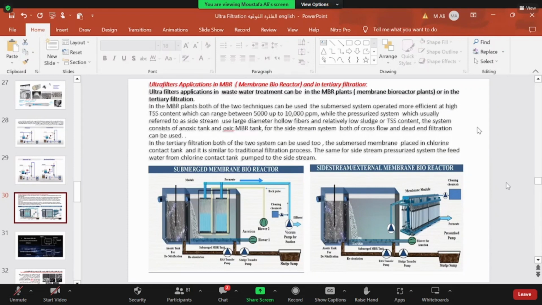The first one is the MBR plants, membrane bioreactor wastewater treatment plants. And the second is tertiary filtration instead of media filtration in wastewater treatment plants. So these are the most dominant, or widely used, applications for the ultrafiltration membrane in wastewater plants. In the MBR plants, we can summarize the system as follows.